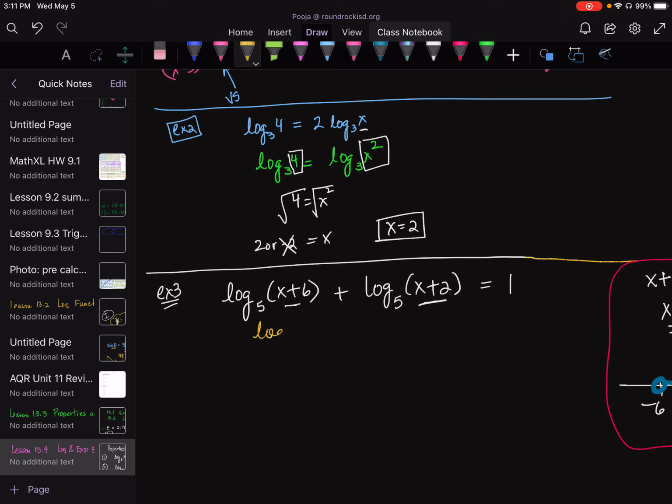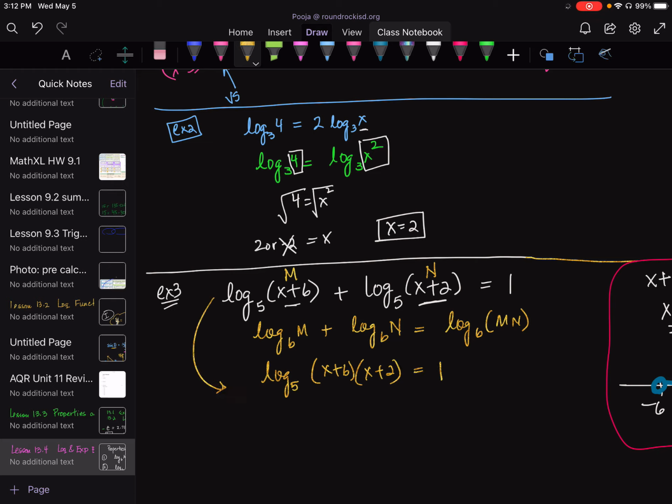So this looks like log of whatever base, m, plus log of whatever same base, n, can be rewritten as the log of the product of the two, m times n. Now this is your m and this is your n. So let's combine it. Log base 5 of m times n equals 1.